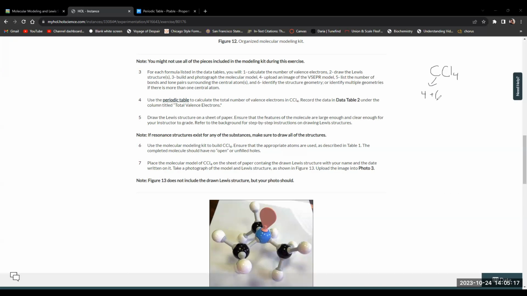I totally didn't forget there. And we have 4 of them. So 7 times 4 is 28. Plus the 4 gives us 32 electrons to work with. Or this is the total amount of valence electrons we have.